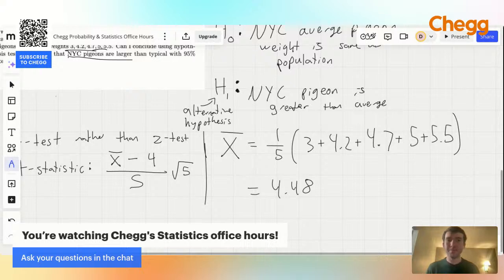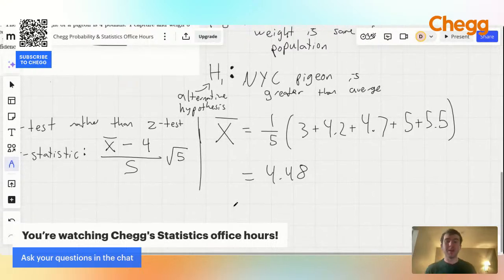And for the sample standard deviation, this is the formula that we used earlier. We take the average squared deviation from the sample mean. The caveat here is we're going to divide by 4 instead of 5, so divide by n minus 1.